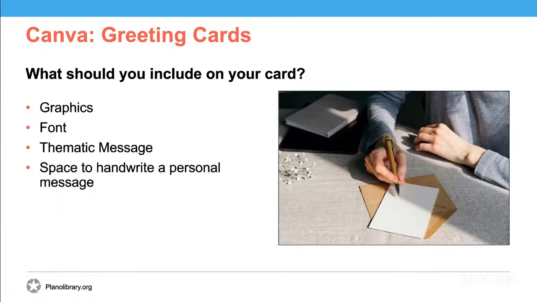It could be like happy birthday with a picture of a birthday cake, so you immediately know this is a birthday card. And then you can customize it to your heart's content with graphics, fonts, images, thematic messages, and you can also leave space to handwrite a personal message if you want to print and give your card that way. Although with Canva, you can also send cards digitally, so it's your preference.